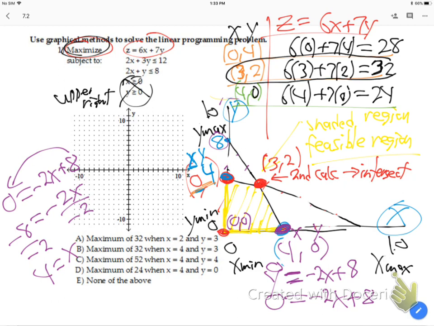This one. 32, which we have a couple 32s, but at x3, remember this is x, this is y, x3, y2. That's not there. See, this is x2, y3. That's reverse. And this is x4, y3. That's not right. And these are the wrong maximums. It's none of the above. Is that what 11% of you knew, or did you just get lucky, you 11% who came up with E?